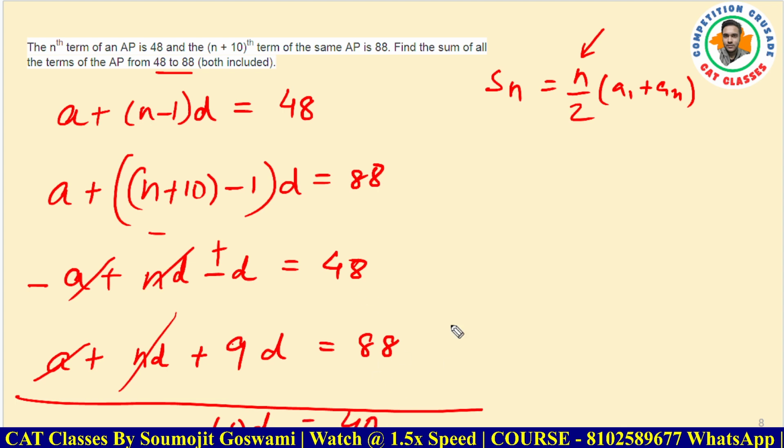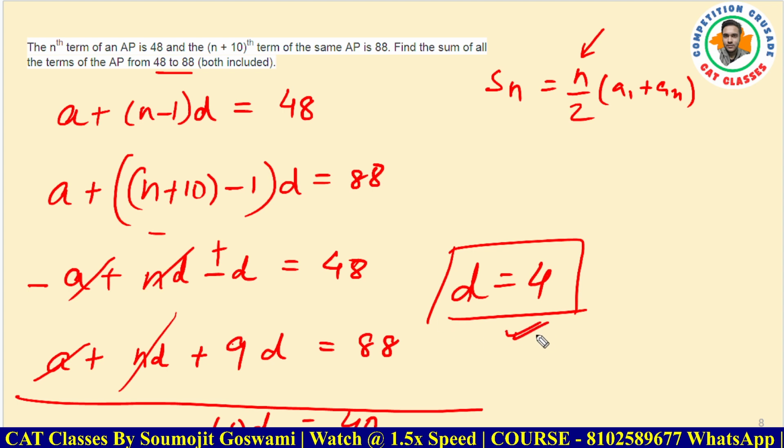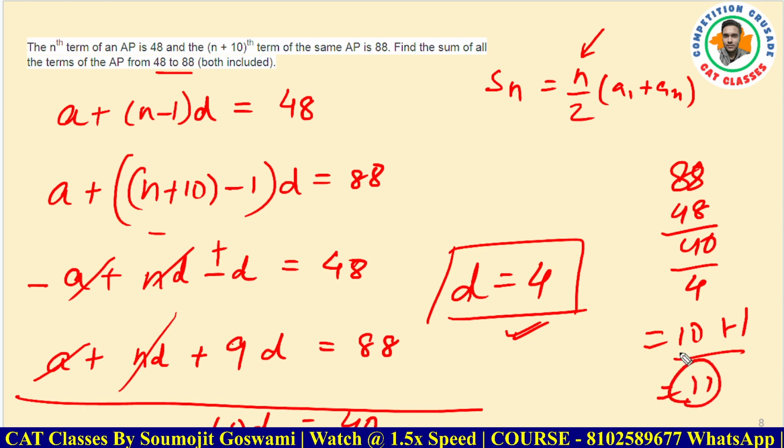So d comes out to be 4. Now the moment I know the common difference is 4, I can directly calculate the number of terms in this sequence, which is 88 minus 48, that is 40. Divide that by 4, you get 10, add a 1 to it, you will get 11 terms.